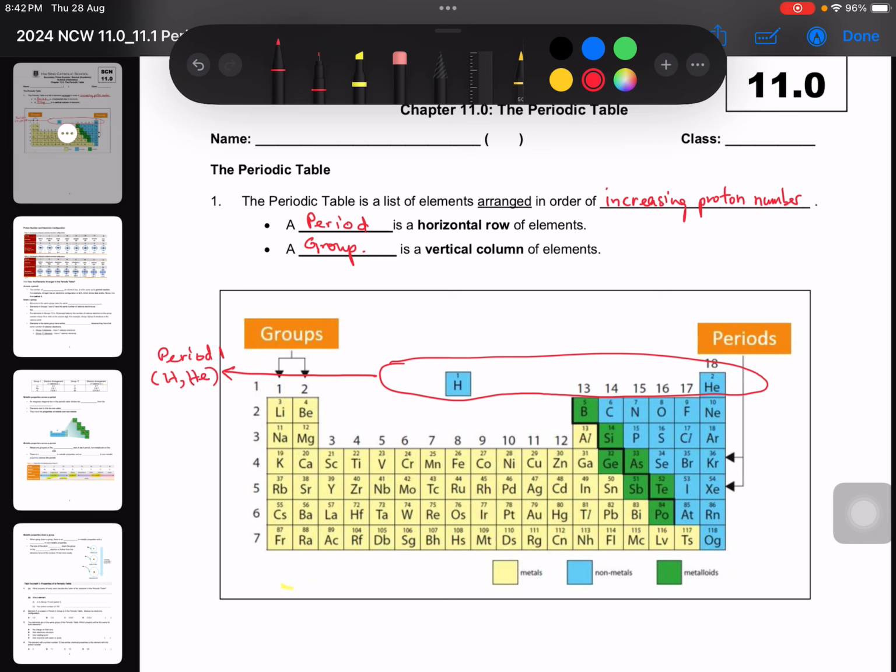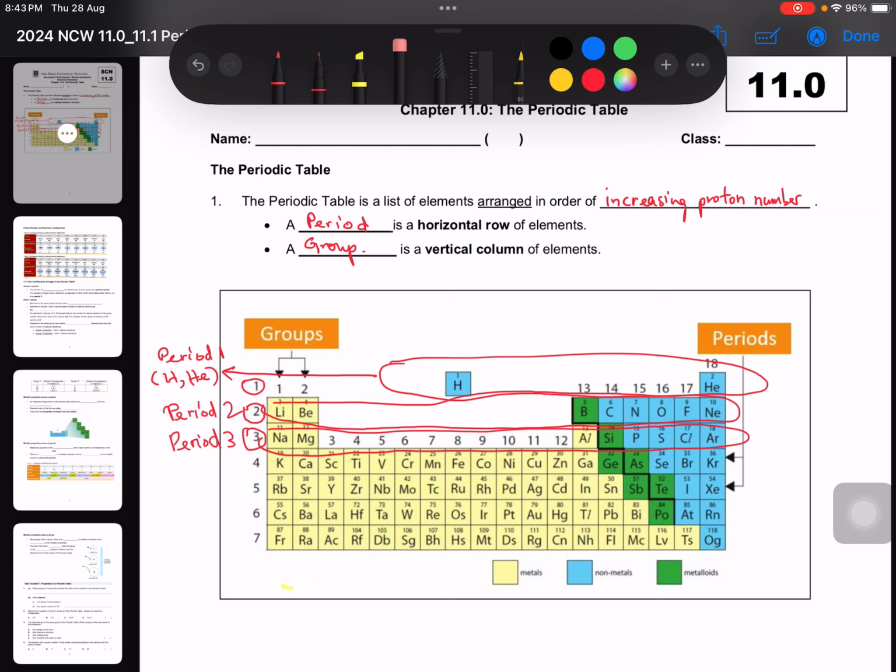So this is your period 1. Then period 2 will be the next row. Period 3 will be the next row, and so on. So a period is a horizontal row, starting with period 1, hydrogen and helium, then period 2, then period 3, and so on.